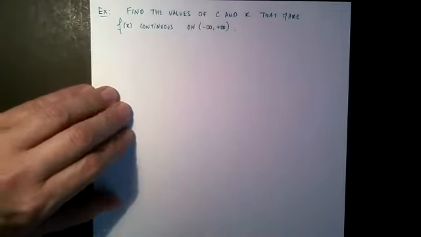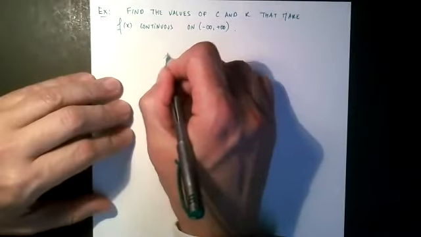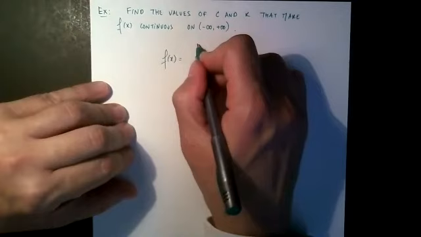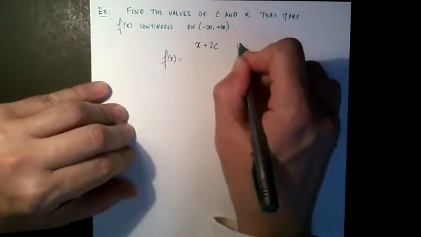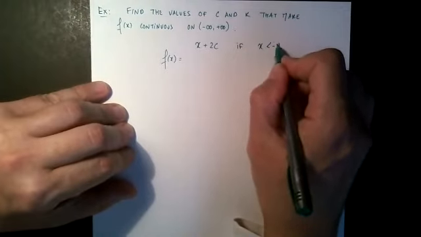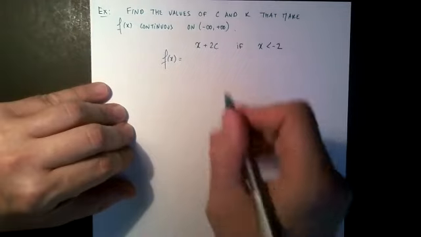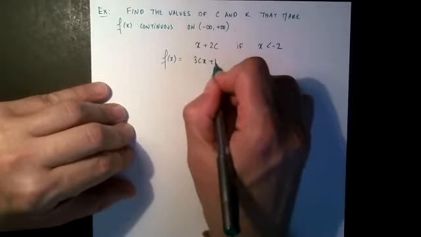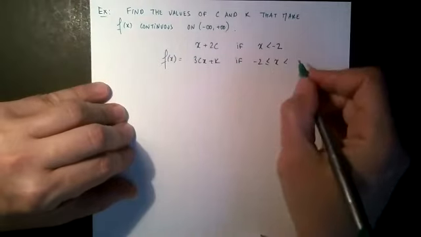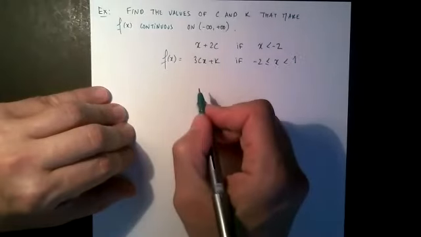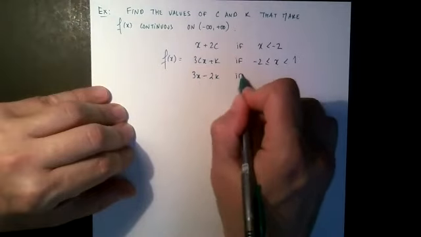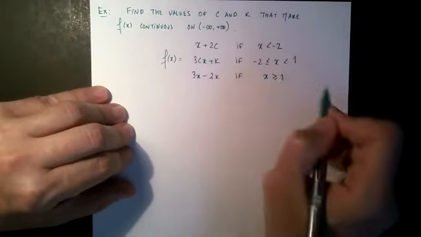So I'm going to give you the function. f of x is equal to x plus 2c if x is less than -2, then 3cx plus k if x is between -2 and 1, and 3x minus 2k if x is greater than or equal to 1.